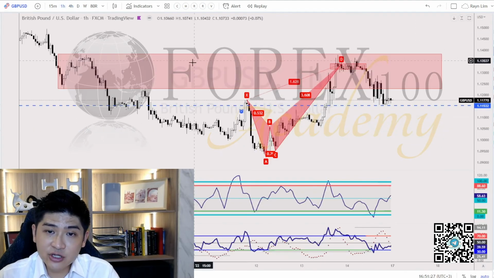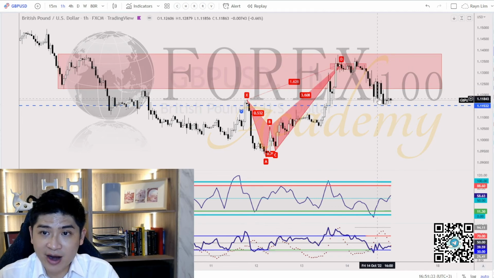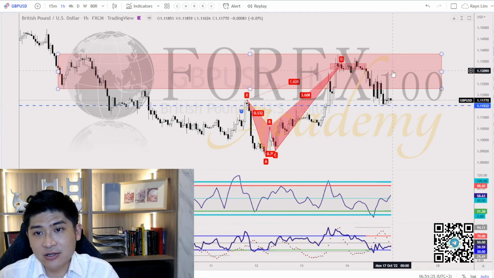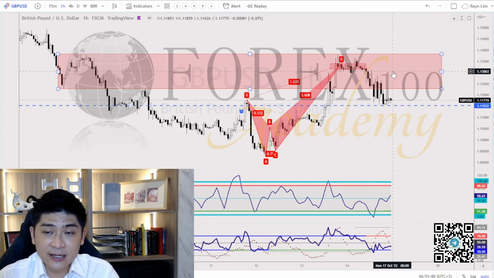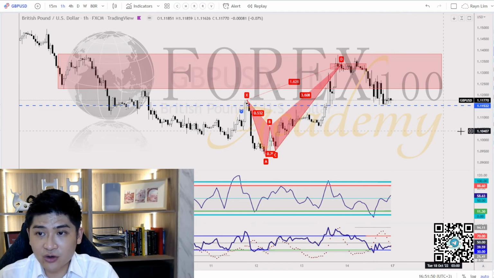To the 1-hour chart, this is the bear crab pattern that I'm in, the 144 pips you saw earlier. Right now, of course, if I can shift stop loss, I can even lock a bit of profits. If I decide to, I will send the level to my students. If you're in this trade and you're still in for shorting, what you need to see is a break and close below 1.1153.